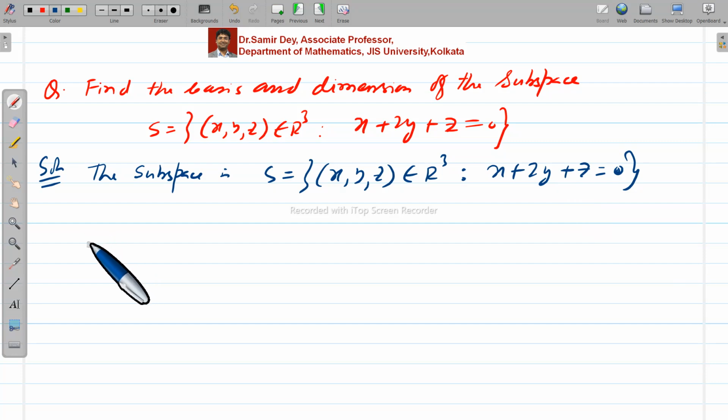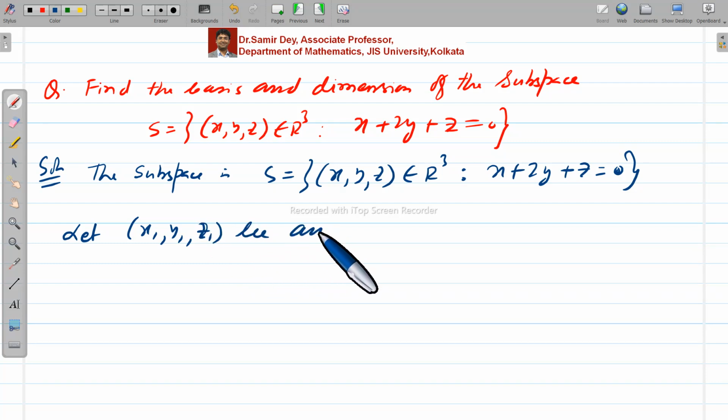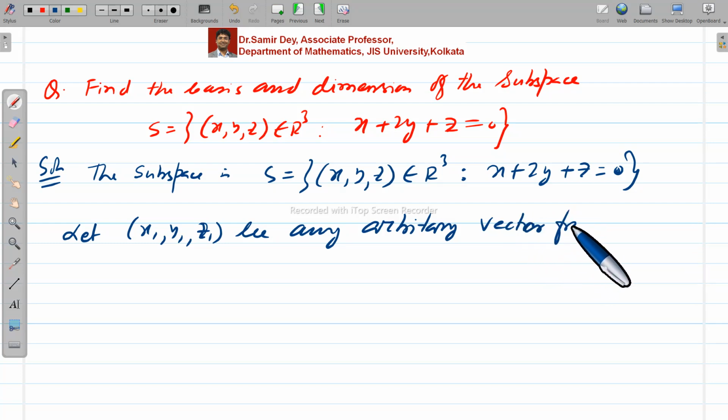Okay, now try to understand. Let alpha be equal to alpha, no need to write. Let x1, y1, z1 be any arbitrary vector from S. So that means this vector must satisfy this relation.